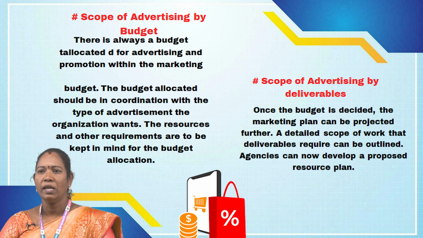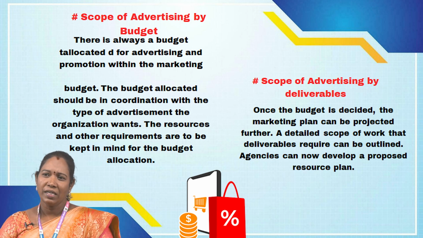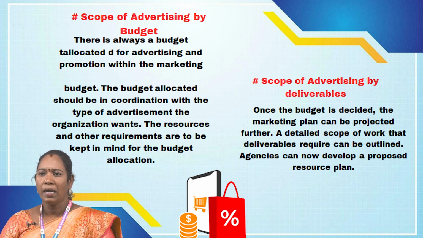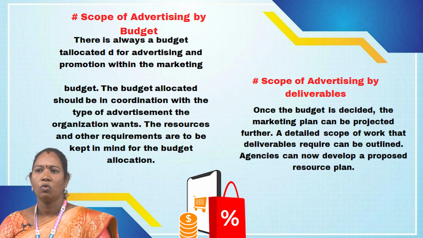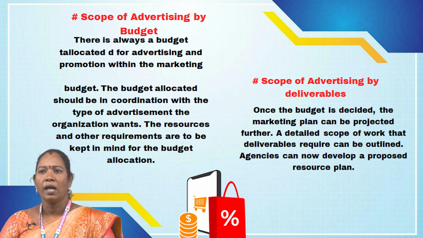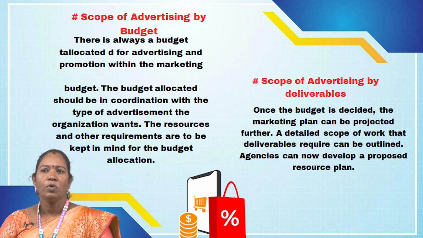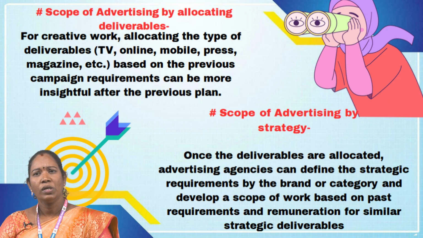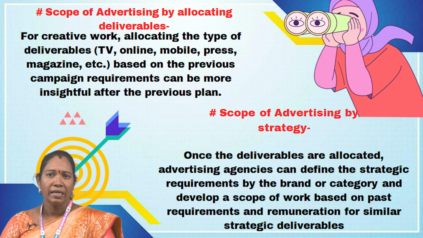Scope of advertising deliverables. Once the budget is decided, the marketing plan can be projected further. A detailed scope of work that the deliverables require can be outlined. Agencies can develop a proposed resource plan. The next one is the scope of advertising by allocating deliverables.